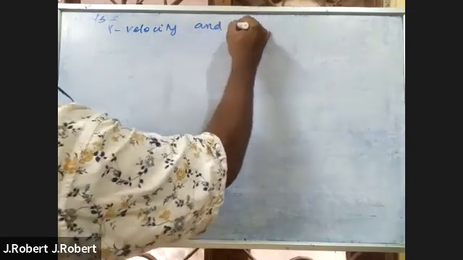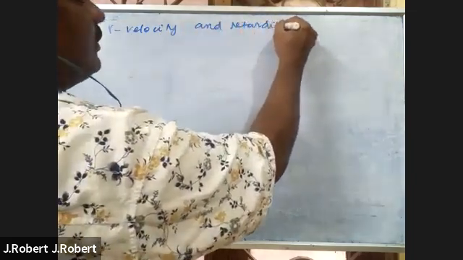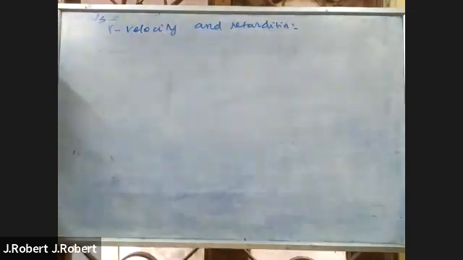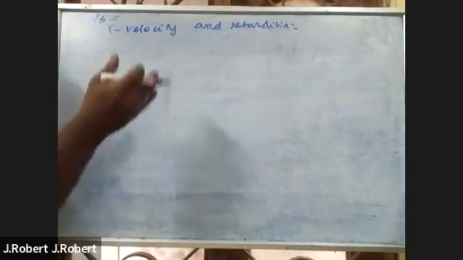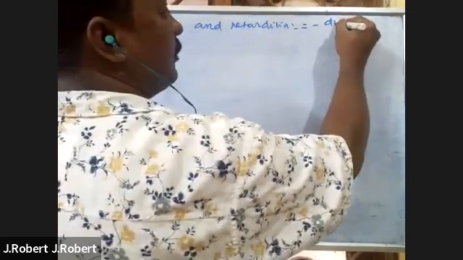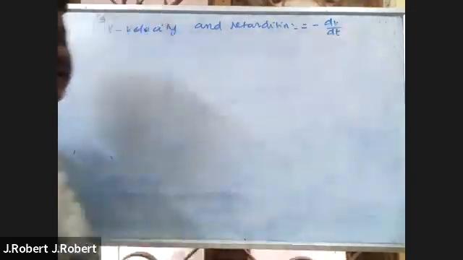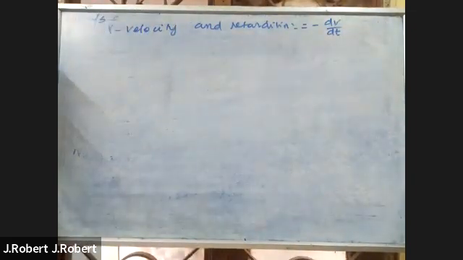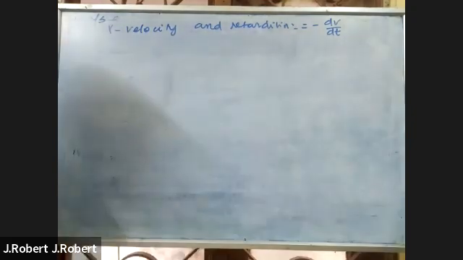And how will retardation be? You know acceleration: if velocity is v, then dv by dt is acceleration. So retardation is opposite to that. Therefore I can say minus dv by dt. What is given here is that the retardation is proportional to the velocity.